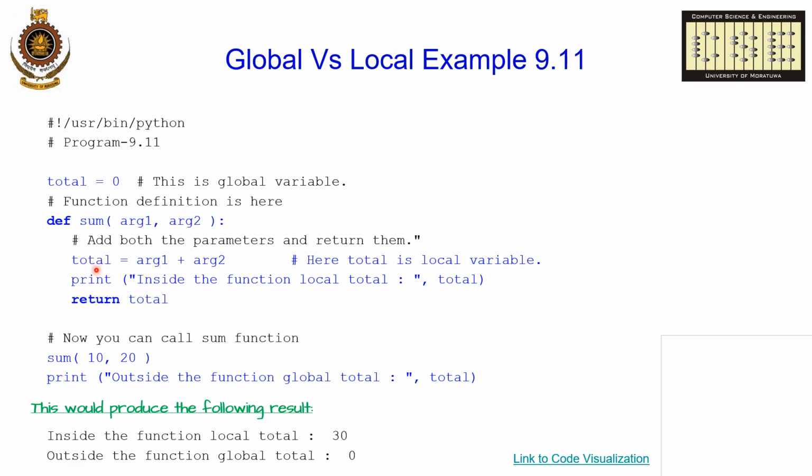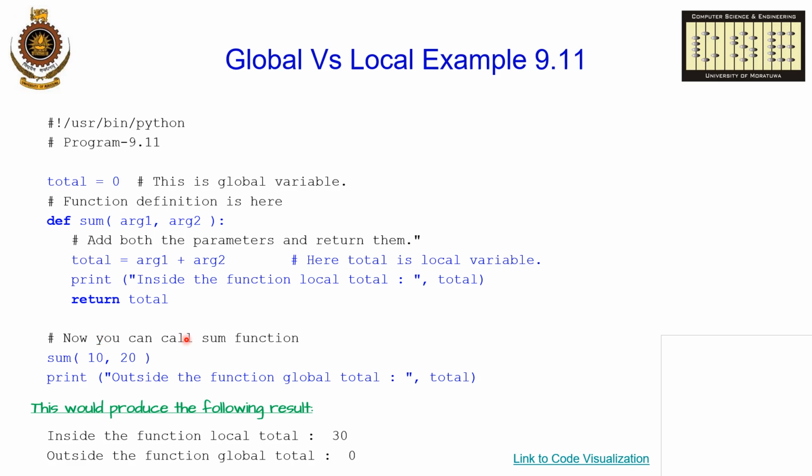Notice that here total is a local variable that's local to this function sum. Since we do not have the global keyword before it, it does not update the global variable. It's a variable in its own scope within the function named sum, and it returns the total.